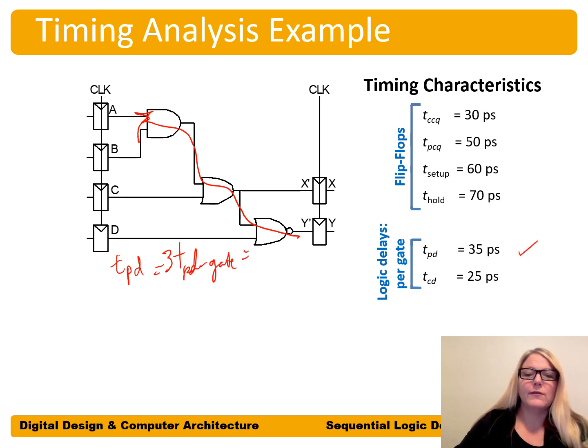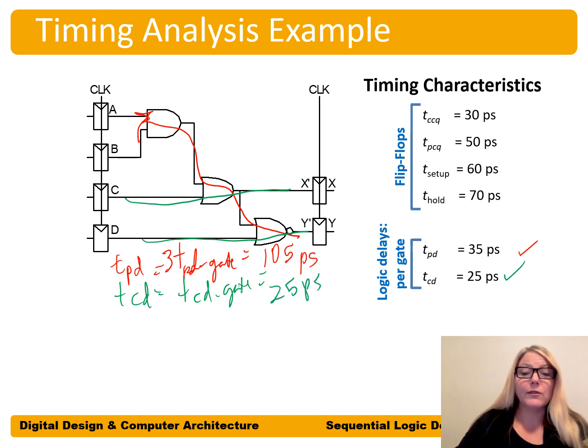That was equal to 35, and so that's equal to 105 picoseconds. The contamination delay of the circuit is either through D to Y prime or C to X prime. So we have a single gate delay. TCD is a single contamination delay of a gate, and that was 25 picoseconds.